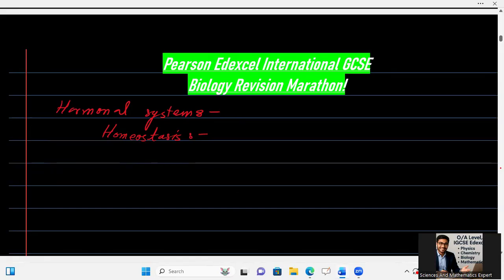Homeostasis is basically maintaining a constant internal environment. In case of blood glucose, it is controlled by insulin and glucagon from the pancreas. Both are released from the pancreas.